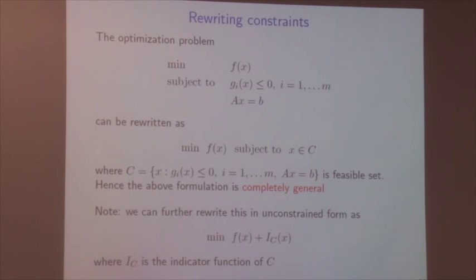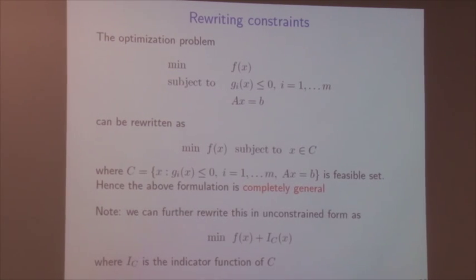So I can take my function f subject to these constraints and change it to say, I'm minimizing f subject to x being in this set, where the set is defined by my constraints. That's really nice. But maybe that's not a huge difference from what we had before. What is kind of interesting is that now we can add an indicator function to f instead, and suddenly we have an unconstrained minimization problem.